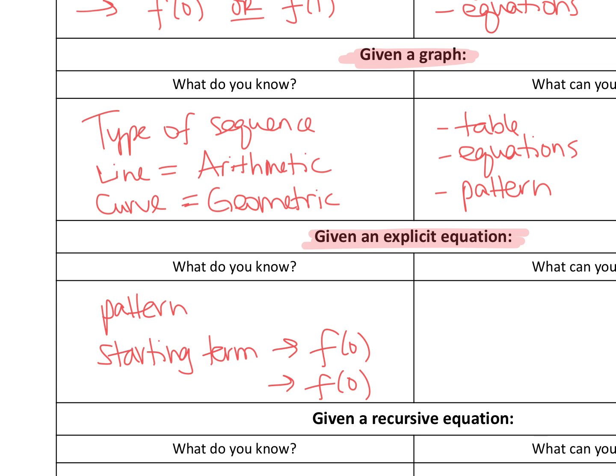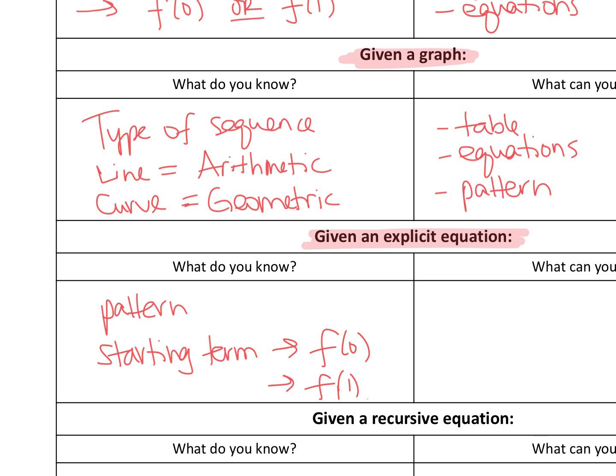If you see just n, then that's giving you the 0 term. If you see n minus 1, then that's giving you the first term. I just realized I made a mistake here. F of 0 or f of 1. There we go.